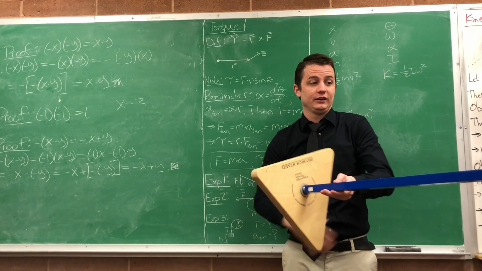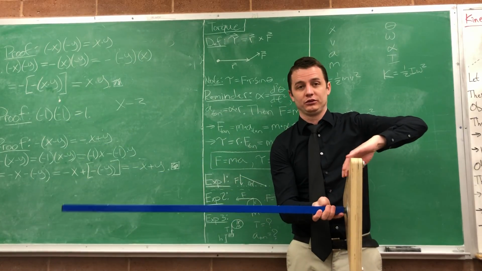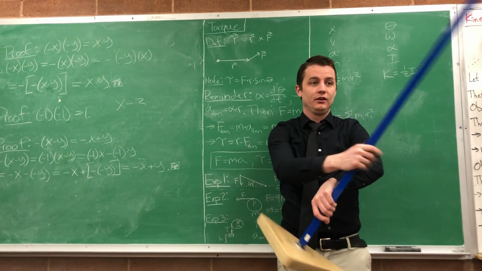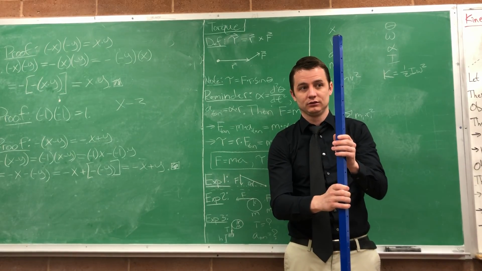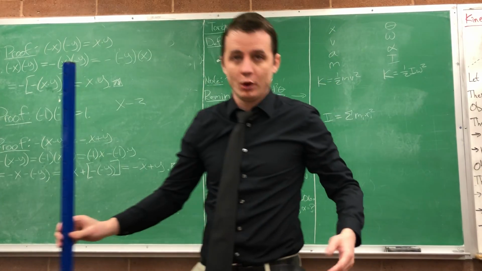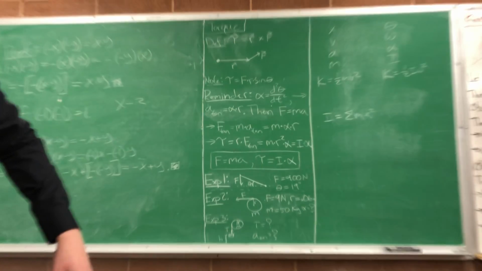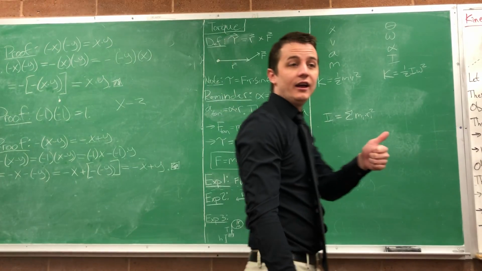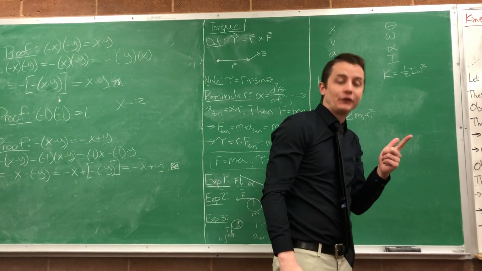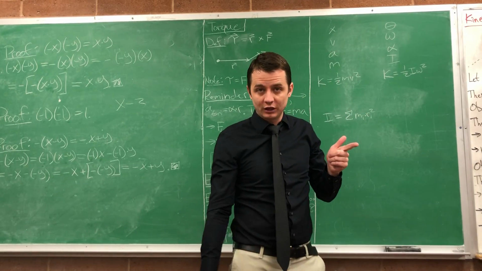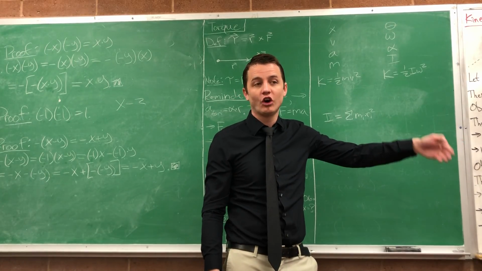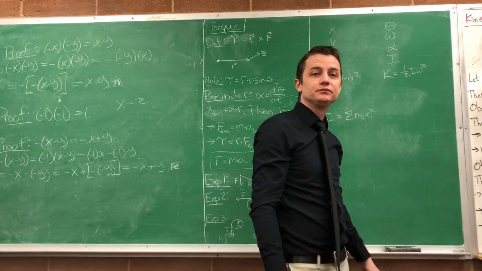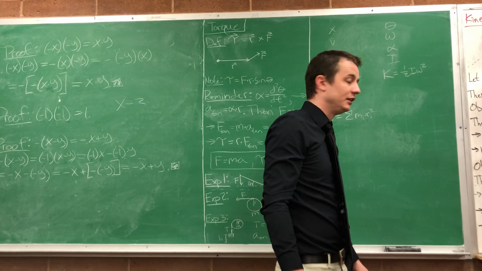So turning that all the way around, even just a half turn, was way more effort than rotating this a full 360 degrees. That's almost nothing. So that's moment of inertia. It depends on both the mass and how far that mass is from your axis of rotation. And the further away it is from the axis of rotation, the harder it is to rotate it. Make sense?